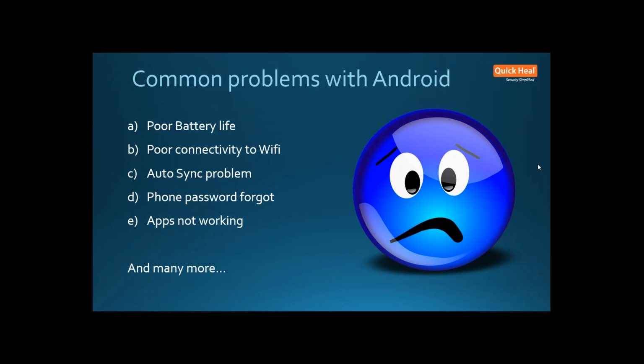Then a lot of people have asked us questions about auto sync, problems they have faced. Phone password is something that they are not able to remember. It could be a PIN or a pattern lock, which they forget, a common problem with Android. And apps are not working.